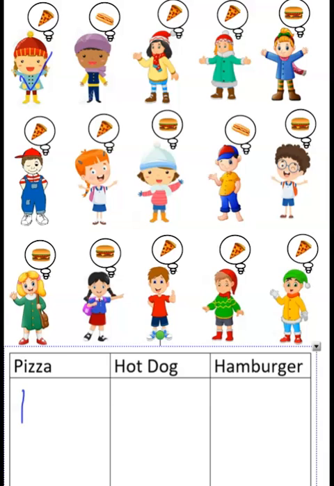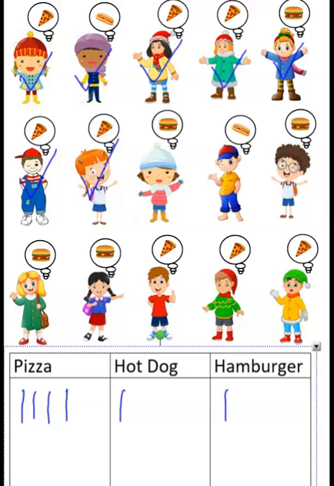Okay, and so the next one is a hot dog. Check. The next one is a pizza. Check. The next one is a pizza. Check. And a hamburger. And now a pizza. And another pizza.